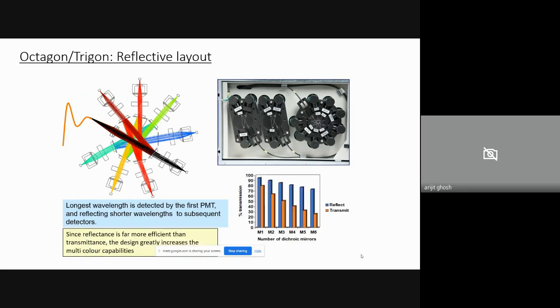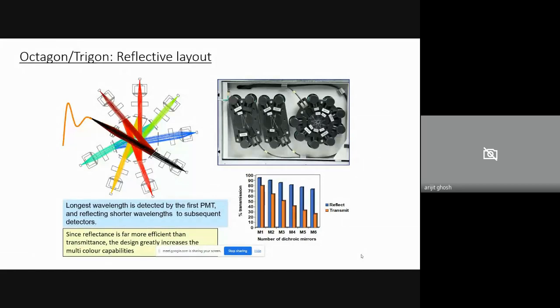And you can see here that in this layout, like octagon or trigon layout, the quality of signal is much better than the transmission or herringbone pattern, because in transmission there is some loss of signal, but in reflection there is not much loss of signal.